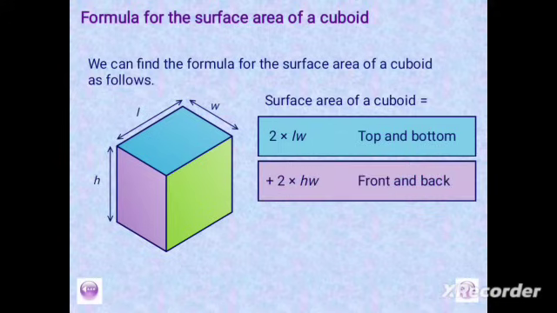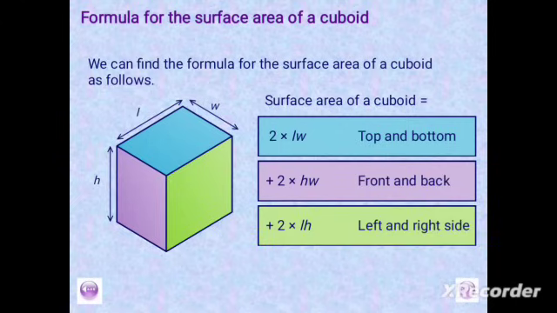As well, we have the front and back faces, so we add to the previous area 2 times height times width, another area for the front and back.